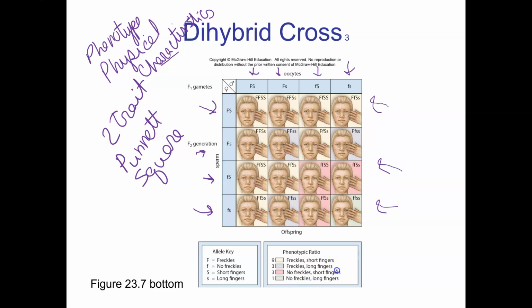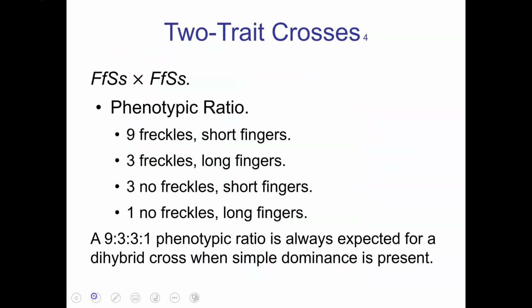And we get this ratio of 9 to 3 to 3 to 1 with regards to the different characteristics. So you'll have 9 individuals that have both dominant characteristics in a dihybrid cross with completely dominant characteristics.